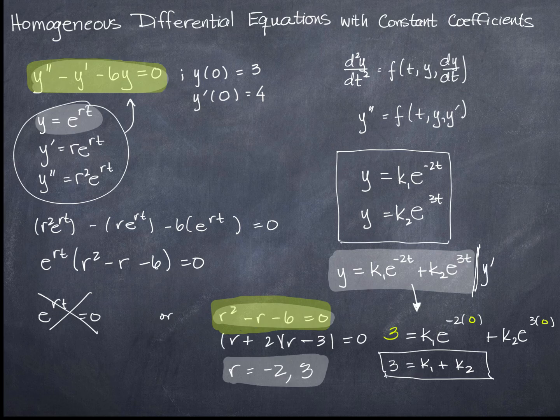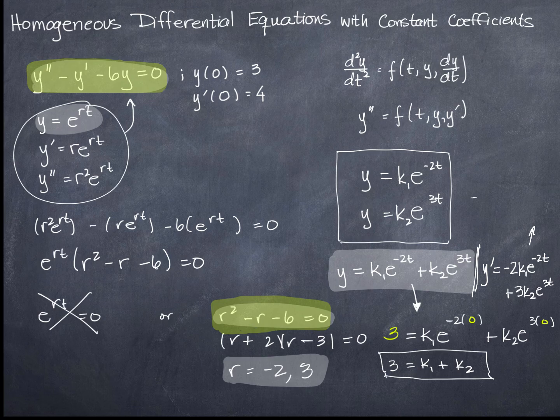y prime is going to be negative 2k1 e to the negative 2t plus 3k2 e to the 3t. And into that, I can plug those other values.